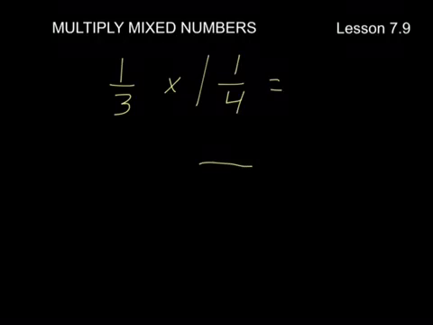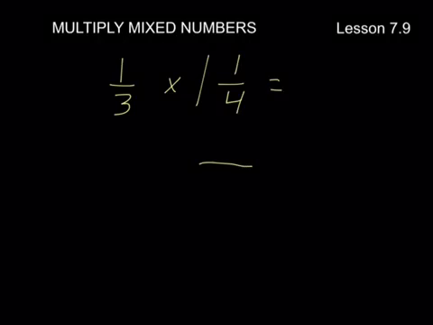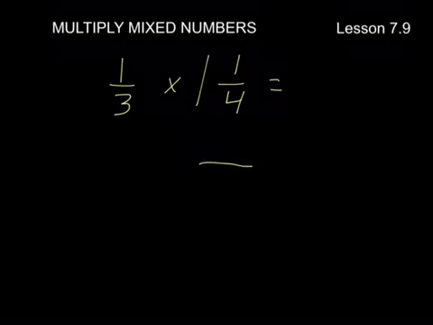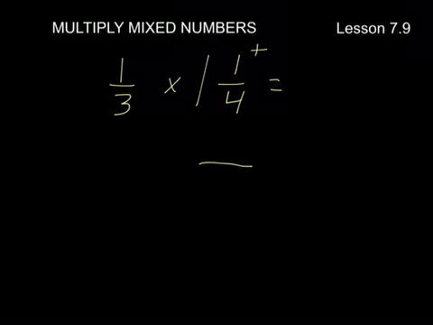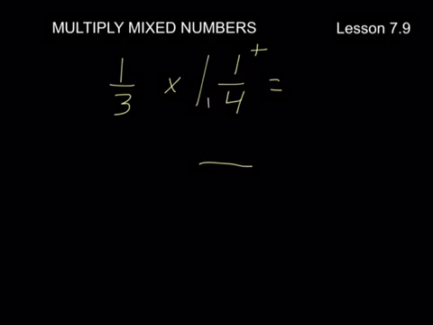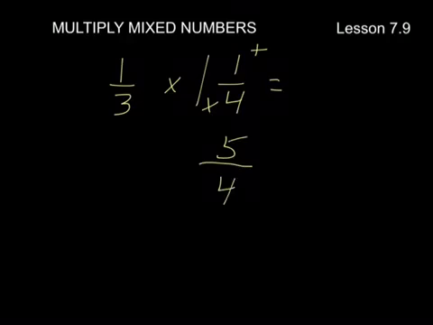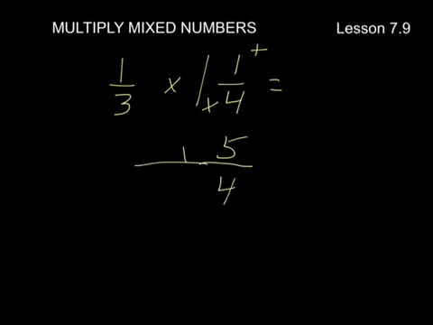So 1 1/4, by now we know that we multiply a whole number by the denominator, 1 times 4, and then we add the numerator, so that we would get 5/4 multiplied by 1/3, and 1 times 5 is 5, 3 times 4 is 12. So we get 5/12 as our product.